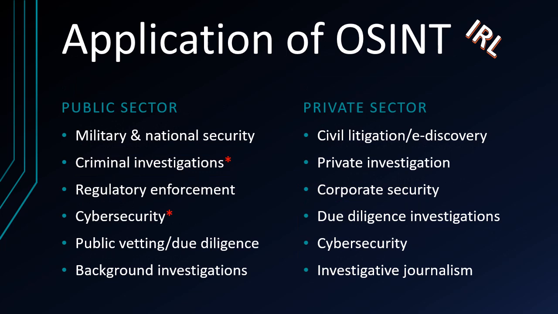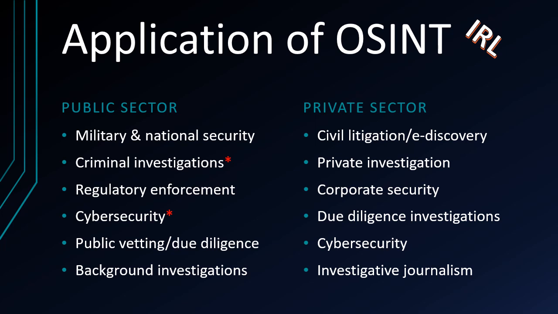OSINT in real life has a long list of applications and use cases. We certainly can't list them all here, but they have applications on both the public and the private side. For example, on the private side, a private investigator who is employed by a divorce attorney may find instances of potential infidelity online.